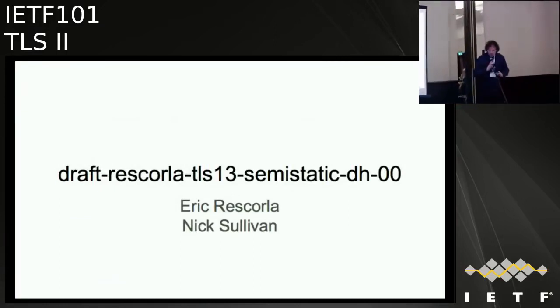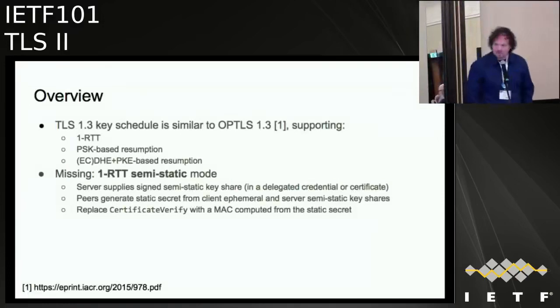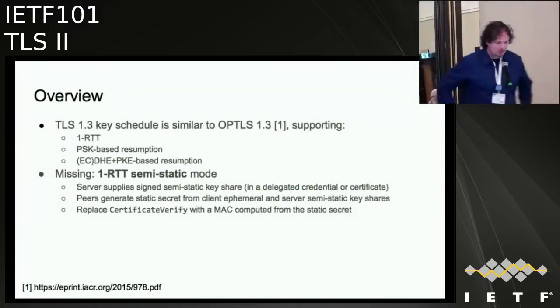Okay, hello, Nick Sullivan. This is a proposed draft that Eric and myself and a few other people have discussed, which is about bringing back the idea of a semi-static Diffie-Hellman negotiation handshake mode to TLS 1.3 as an optional extension.